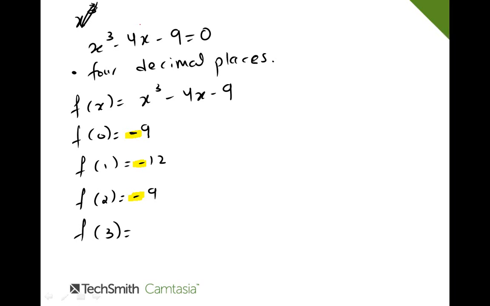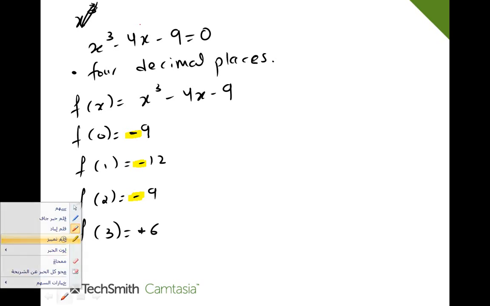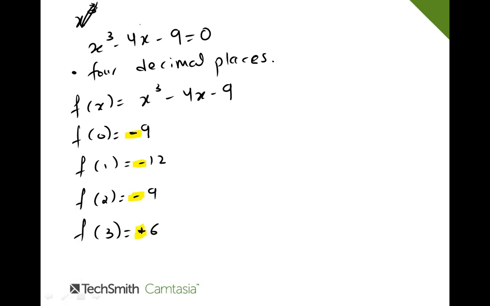So let's try f of 3. That means replace x with 3. So here you get positive 6. So perfect. Now you can see that the sign is changed from negative to positive.